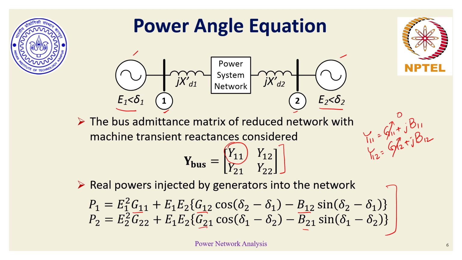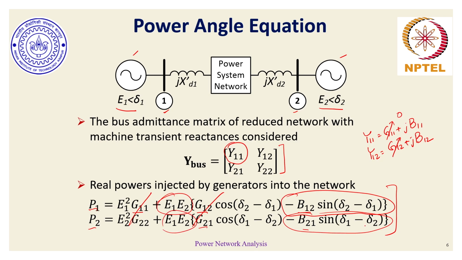If the values of G become 0, these terms have no contribution, and P1 is effectively left only with minus B12, E1, E2, sine of delta 2 minus delta 1. And P2 would be minus B21, E1, E2, sine of delta 1 minus delta 2.